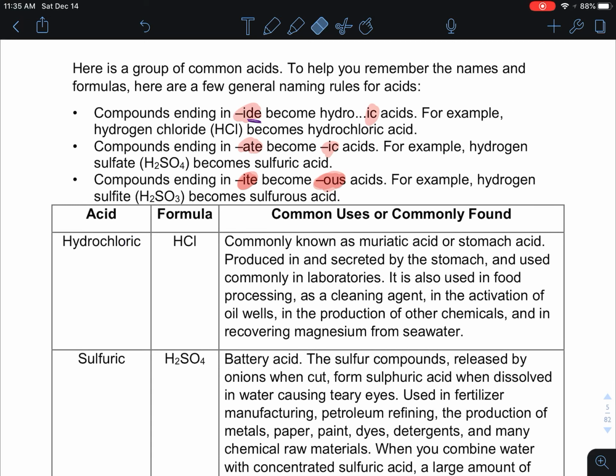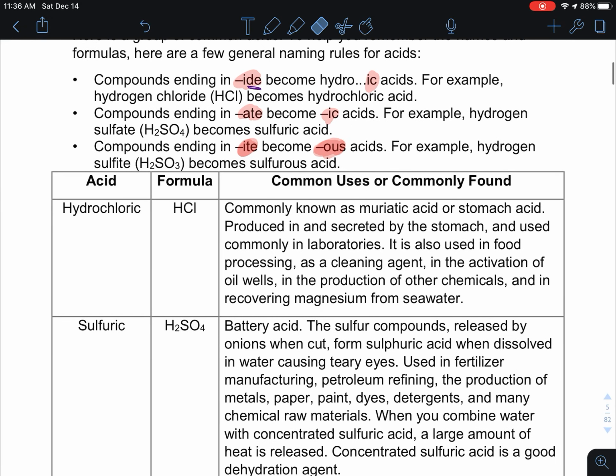So if it was something you would have called an ide, say sulfide, then it becomes a sulfic. Sulfuric comes from hydrogen sulfate. Sulfates also become ic. Sorry, I'm thinking about chlorides. Yes, hydrogen chlorides become hydrochloric. So here's our ic.